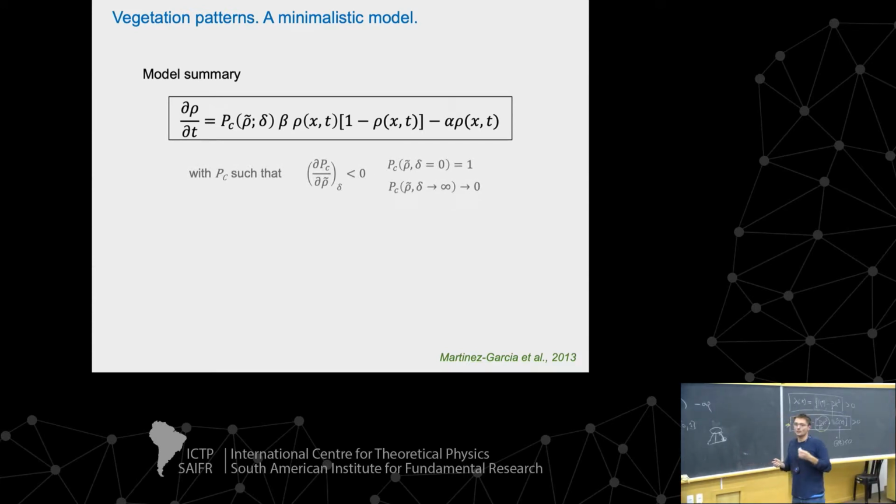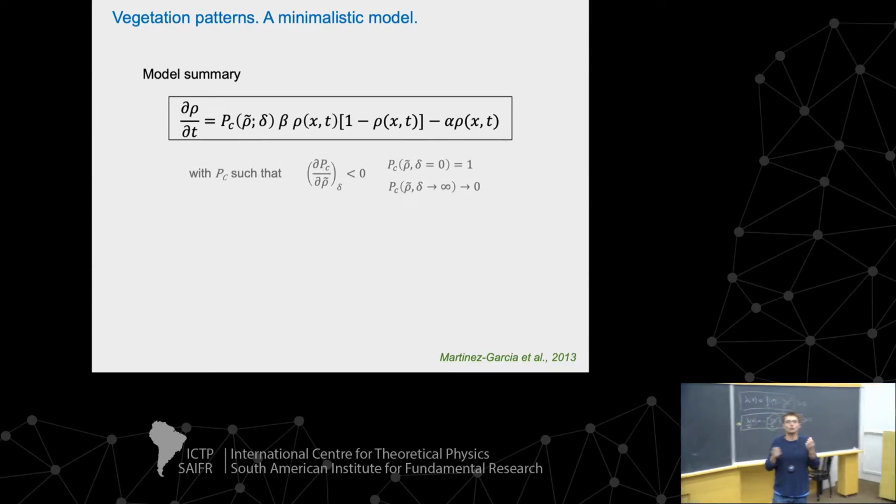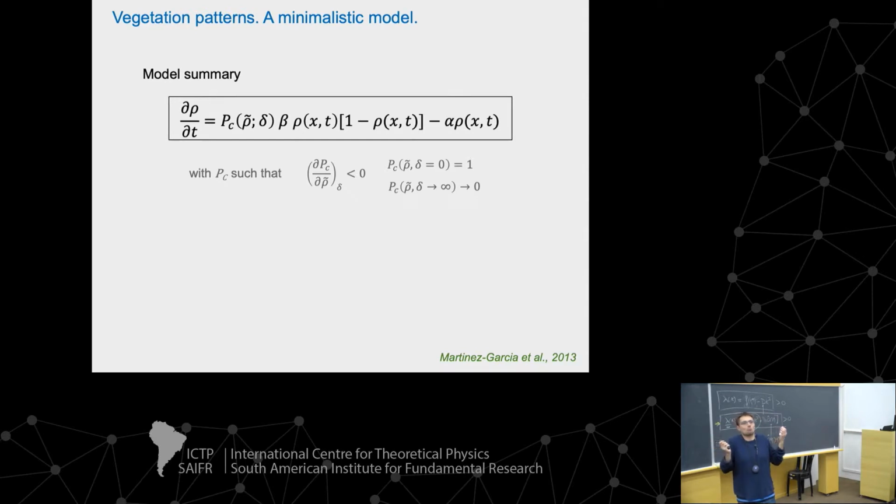Even if we want to keep things general, because we have no information about this PC, what's this PC? Is it an exponential? I don't know. But I know some properties. I know that the more plants I have around me, the less likely I am to germinate, because the competition is stronger. So I know that this derivative has to be less than or equal to 0.